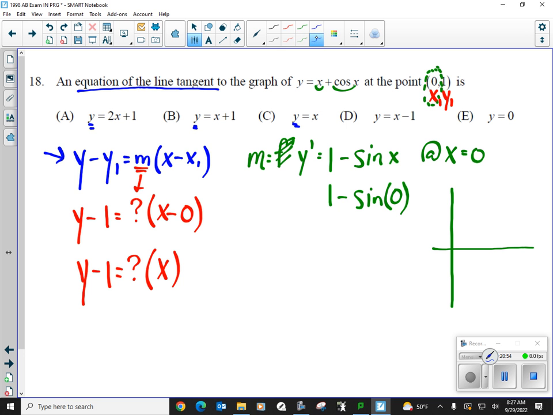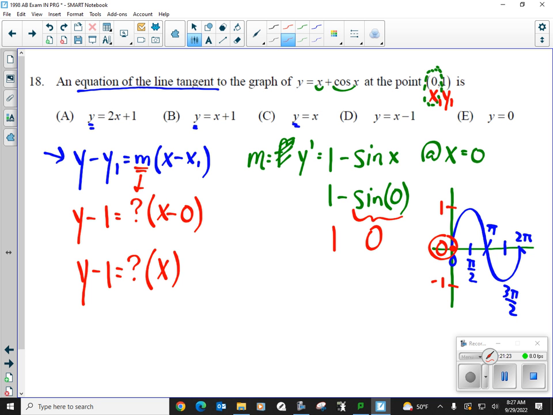Sine is that fancy S. Here is 0 degrees. Here's 90, or pi over 2. Right here is pi. This is 3 pi over 2, and here's 2 pi. At 0 degrees, my sine is 0, because here's 1, here's negative 1. So the sine of 0 is 0.